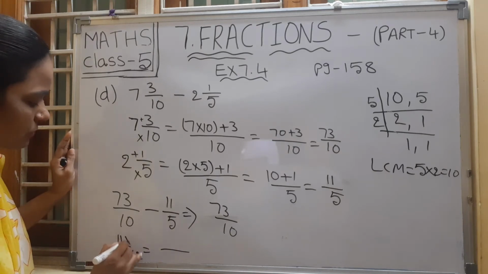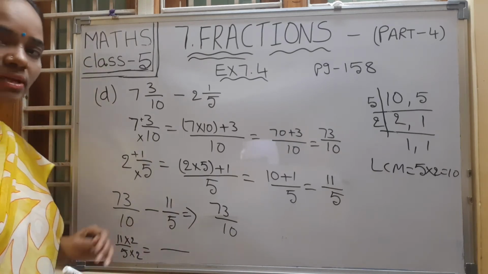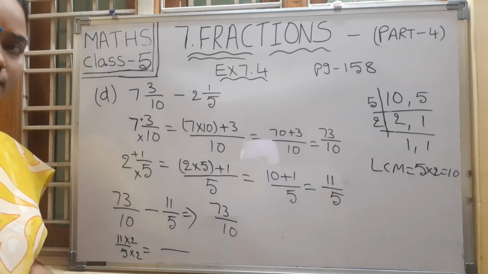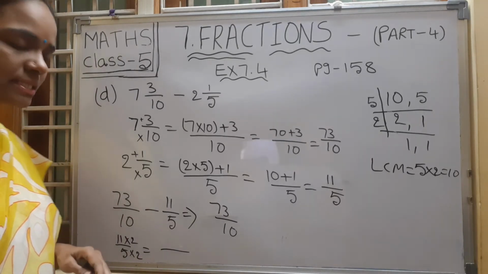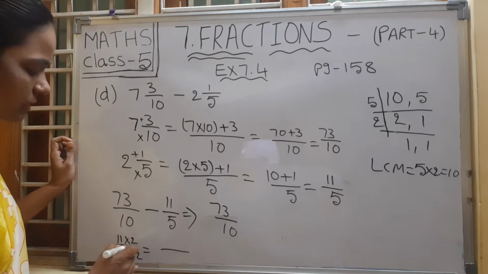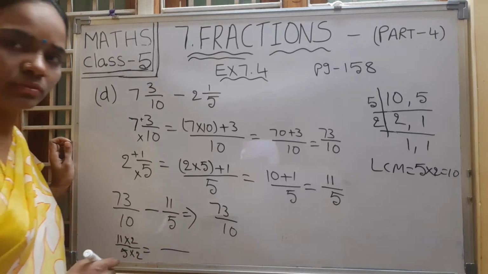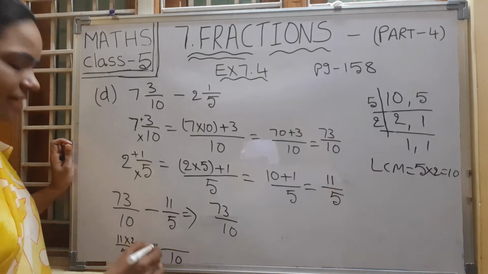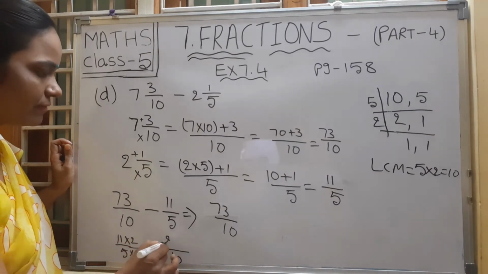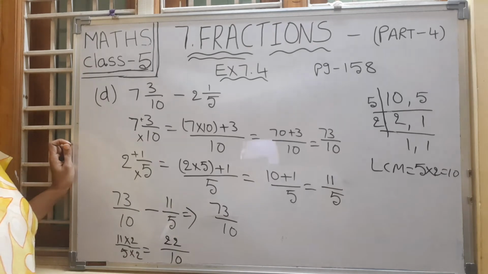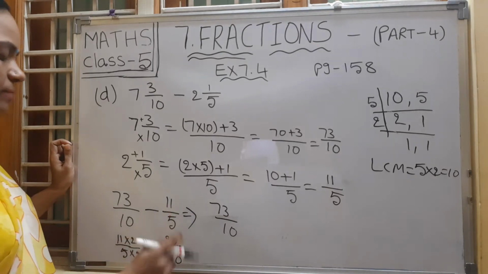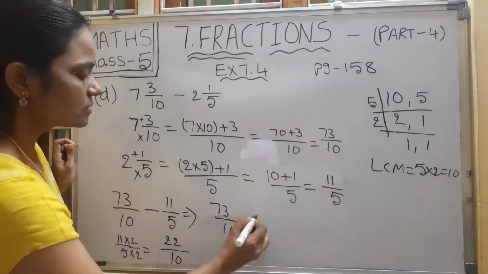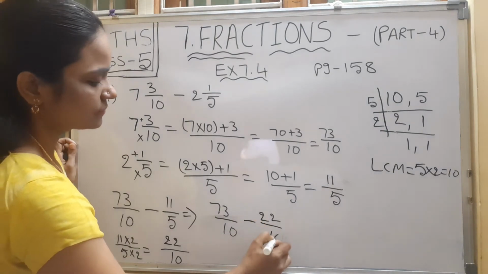So 5 into 2, 11 into 2. So denominator and numerator should be multiplied by the same number. Up and down we have to take the same number, so its value will not be changed. 5 2s are how much? 10. 11 2s are how much, children? Very good. 22. Now what is the 11 by 5 value? 22 by 10. So minus 22 by 10.